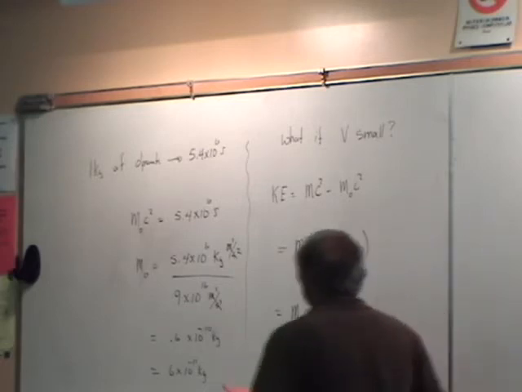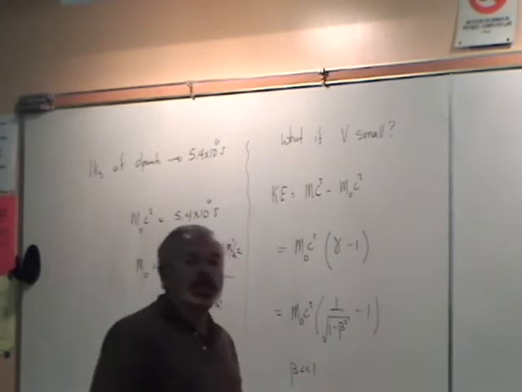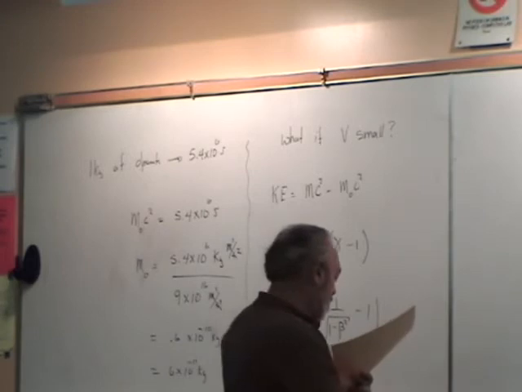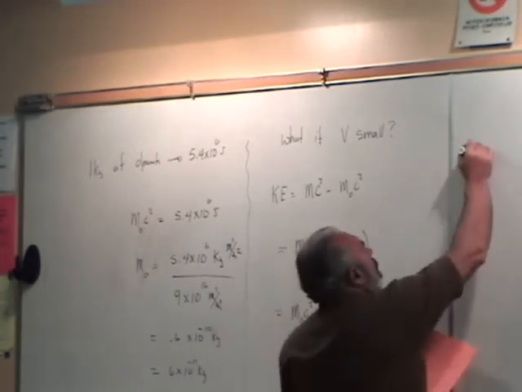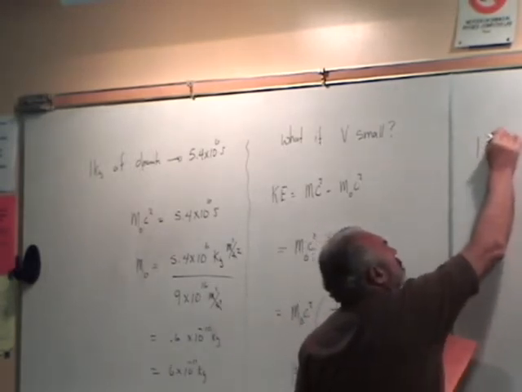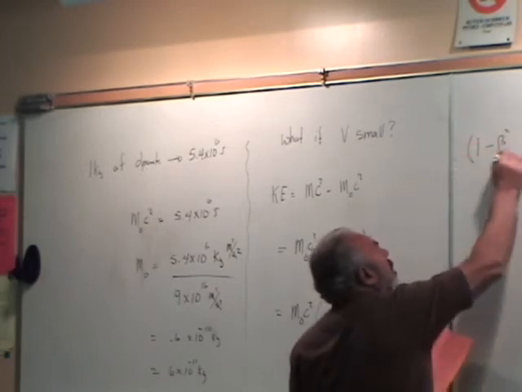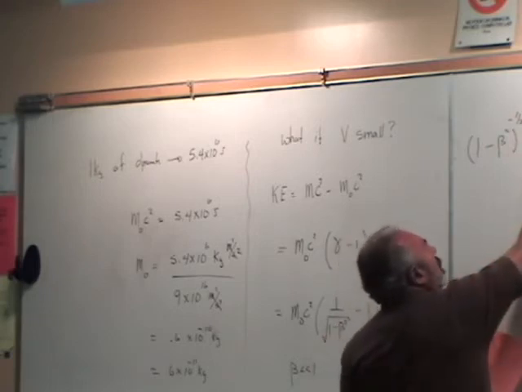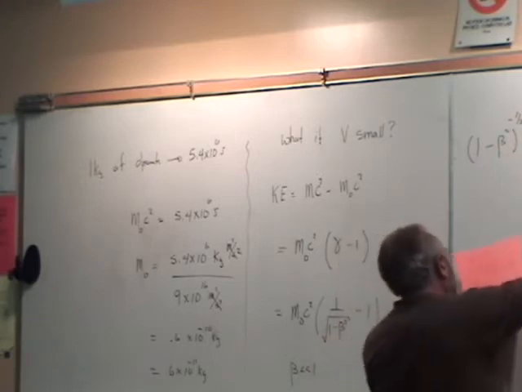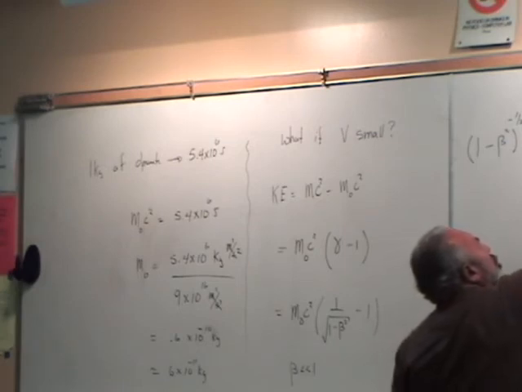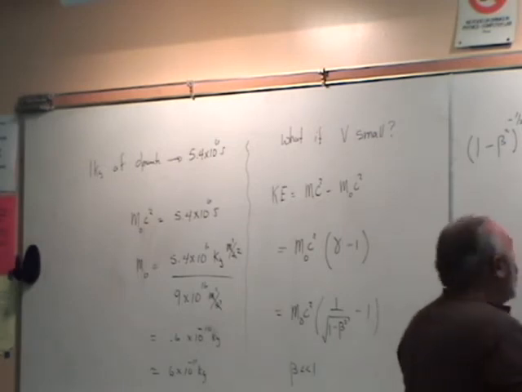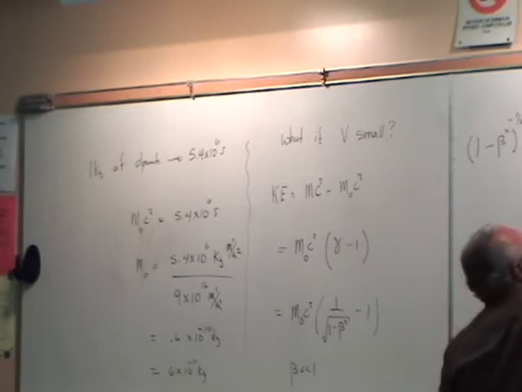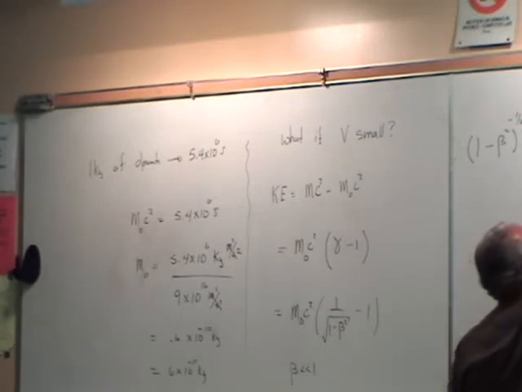Well, the neat thing is we can evaluate this quite nicely by simply doing an expansion. All we have to do is expand this term, that is, 1 minus beta squared to the minus 1/2 power. And as you recall, the binomial expansion of 1 minus x to the n is equal to 1 plus nx plus, and it never ends.